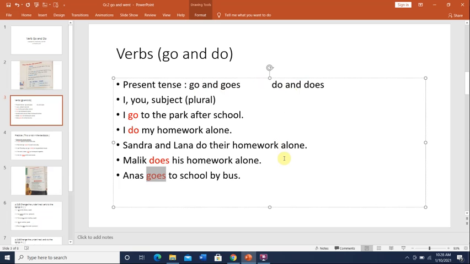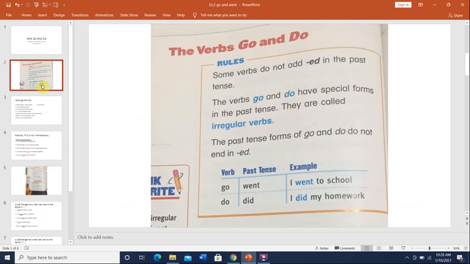But in the past tense, it changes. Whether the subject is one person or more, it's still the same in the past tense. So go becomes went and do becomes did. For example, I went to school. When I read the sentence, I know it's in the past.